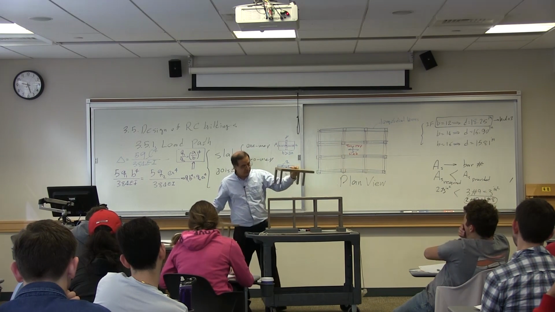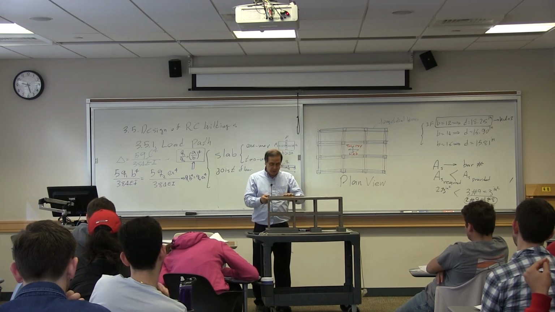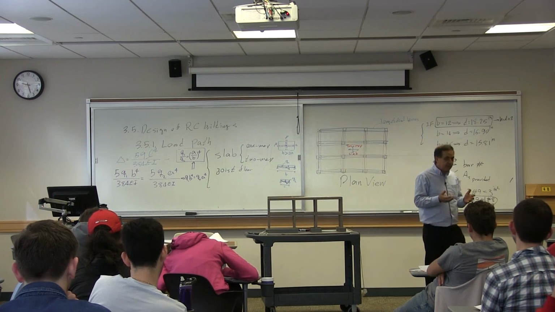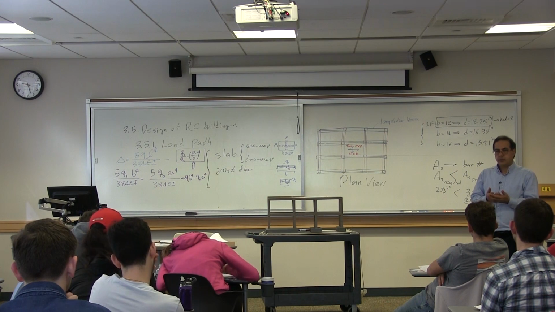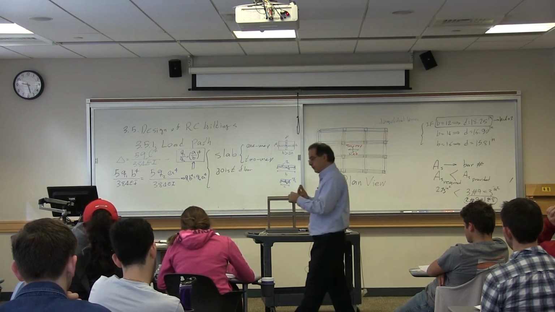That's reason number 1. The second reason is that when you want to design a structure, one of the pieces that you need is the loads. Loads include dead load and live loads.